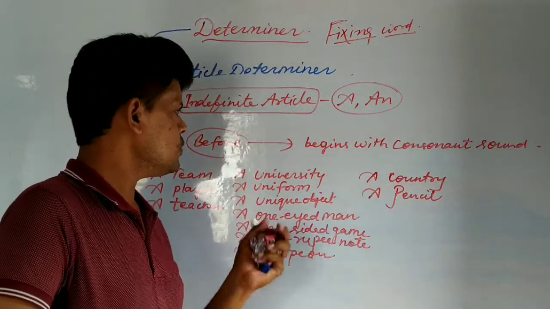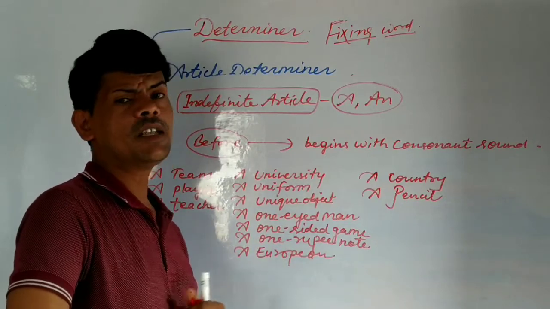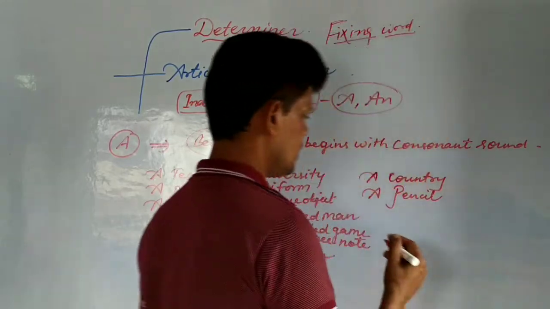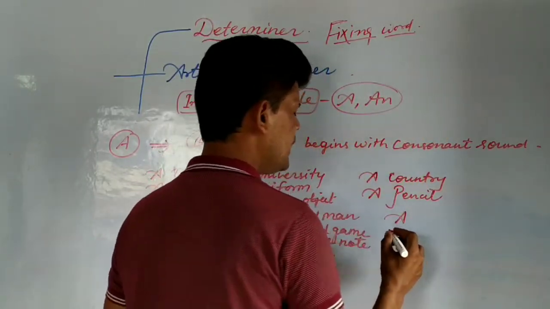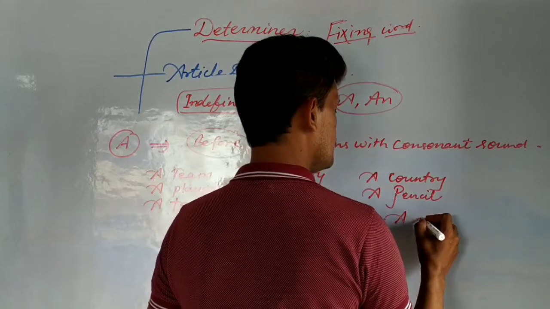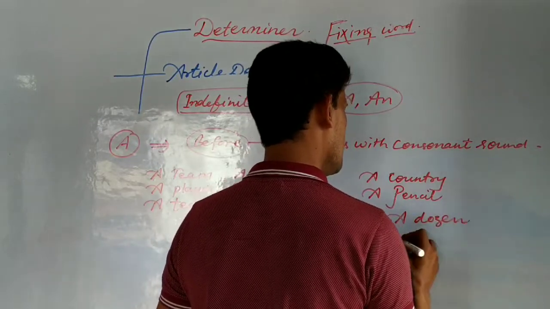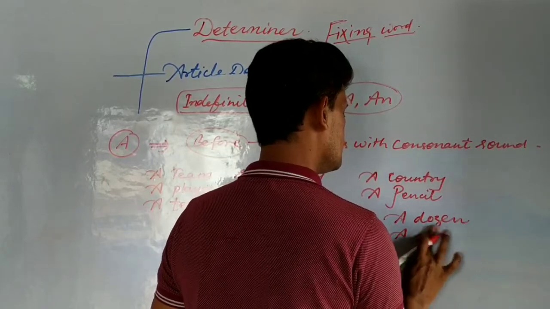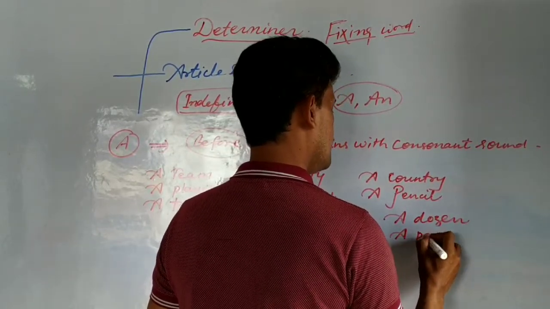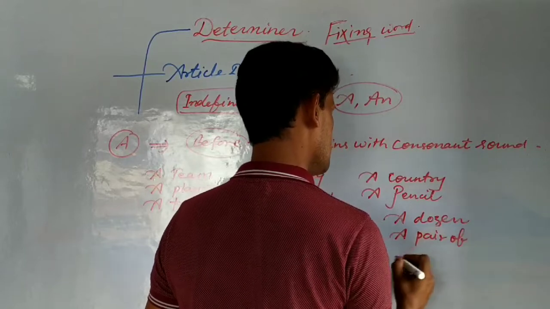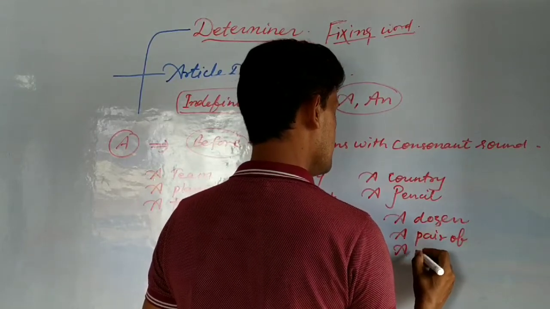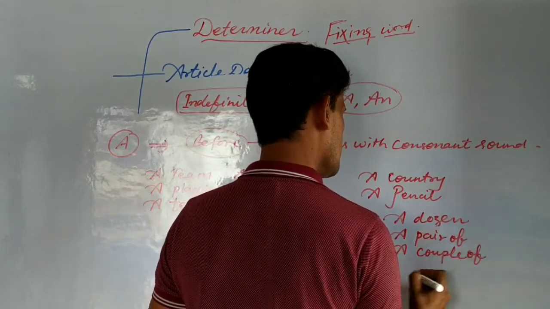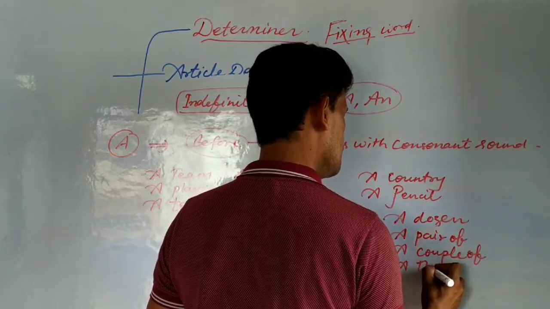After that, it is always used for certain quantity, when we represent a certain quantity, like a dozen, a lot of, a pair of, a couple of, 1,000 rupees.